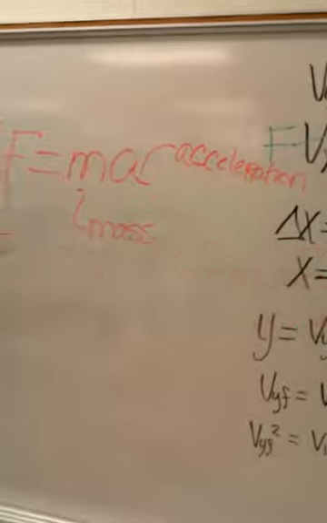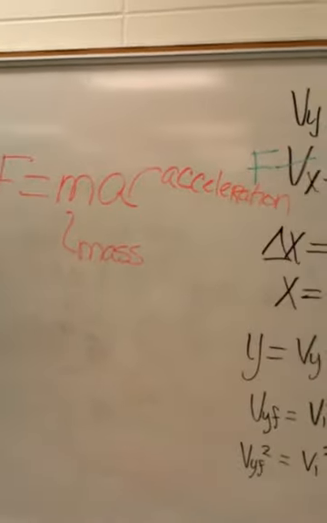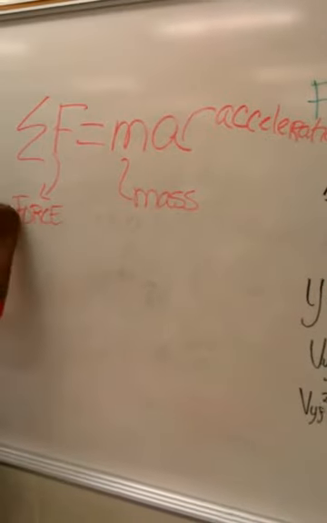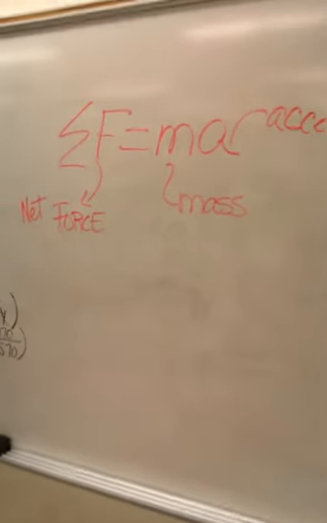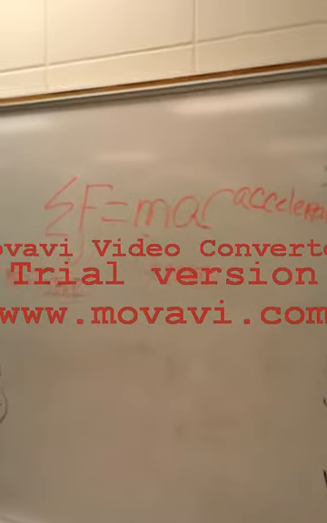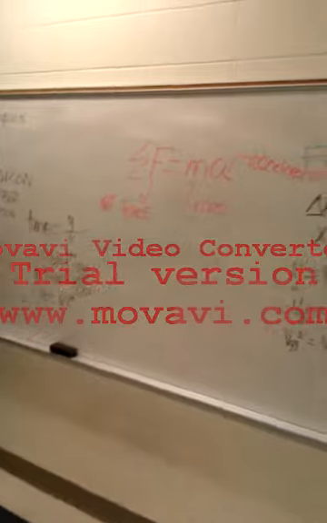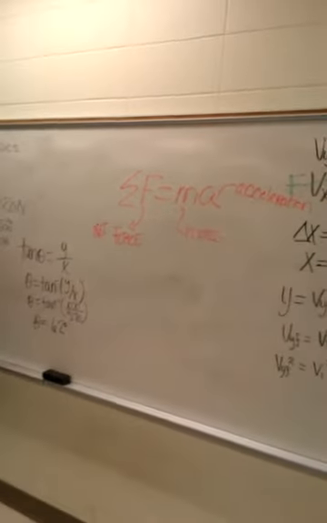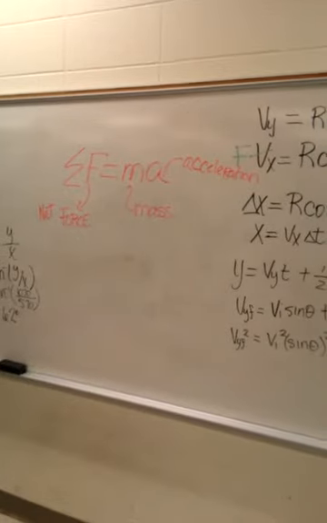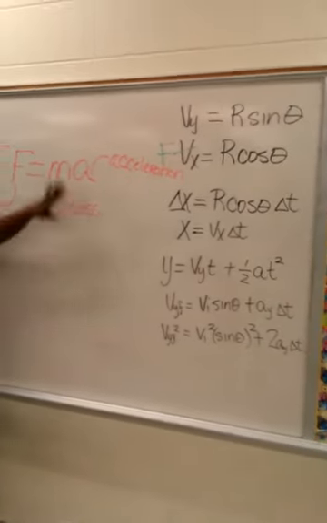Now, this is going to be net force. Net force. Now, sometimes they'll make you go through Newton's first law to solve for Newton's second law, so you'll actually have to take the vectors and find the net force before you can even do Newton's second law.